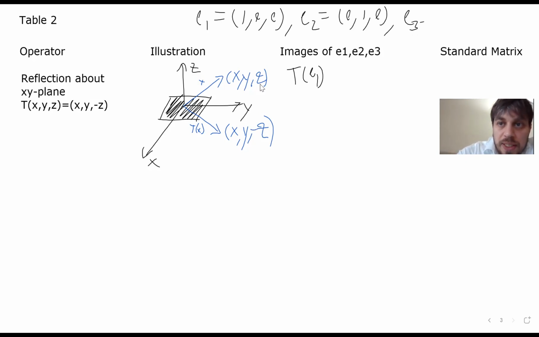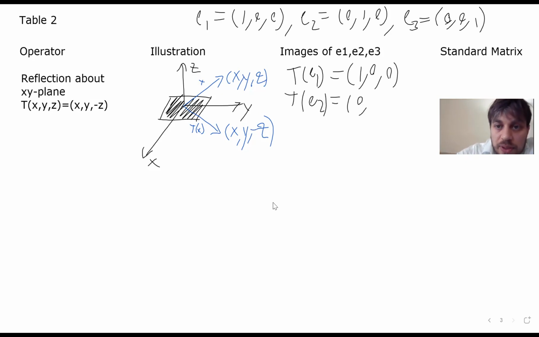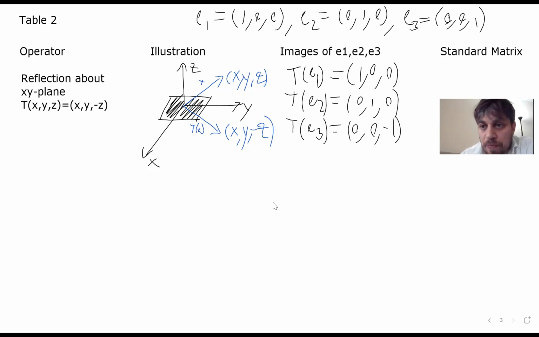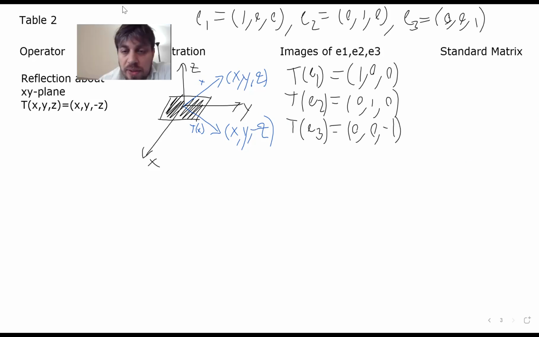And E3 in R3 is 0, 0, 1. So T of E1 is just negating the z component, which doesn't change it. T of E2 is negating the z component, which doesn't change it. Then T of E3 is negating the z component, which does change it, and now it's 0, 0, negative 1. So those are the images under T of the 3 standard unit vectors for R3.